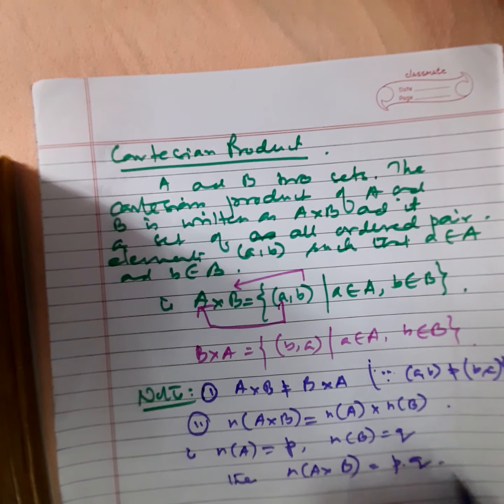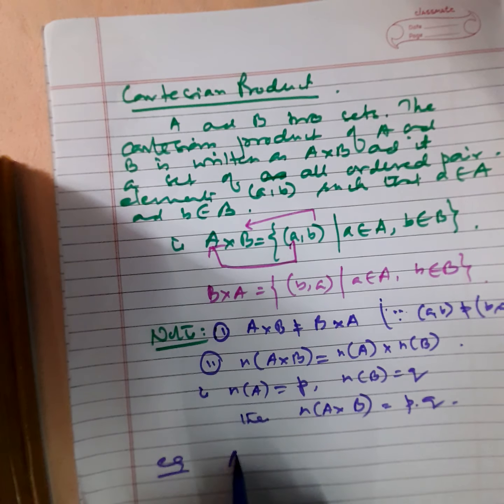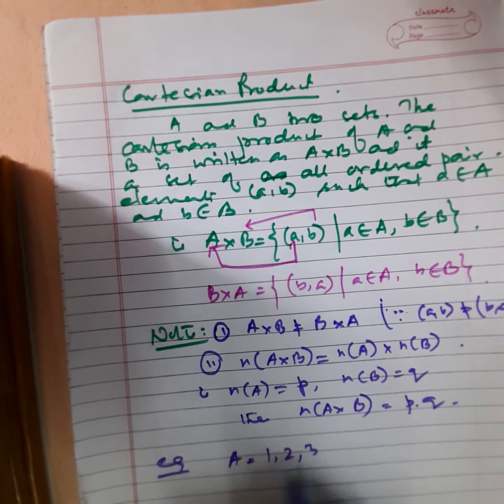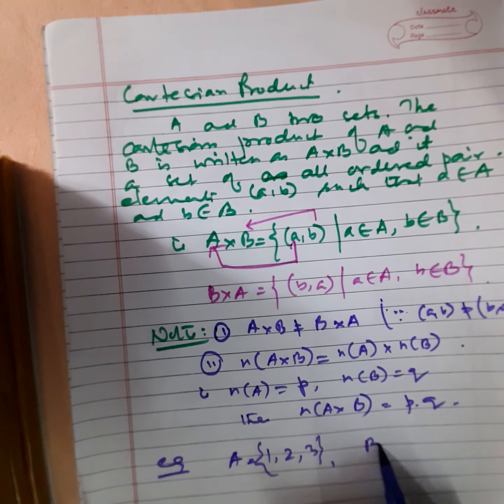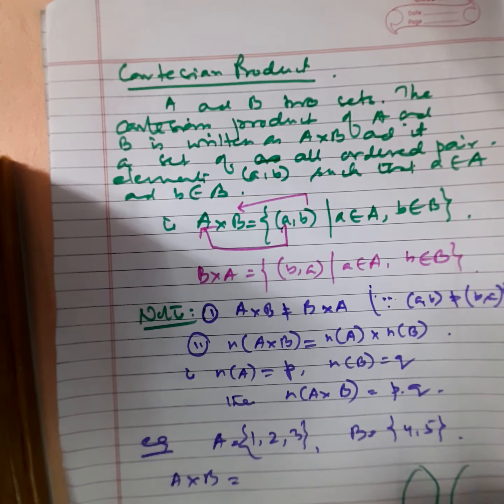P into Q. As an example, we can say A is equal to {1, 2, 3}, B is equal to {4, 5}. So what will be A cross B? All ordered pairs. It is easy to understand if you draw the pictorial diagram.